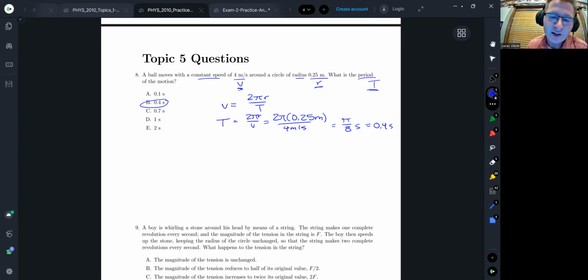And so we can find the speed as the distance traveled over the time it takes to travel that distance. The distance an object travels around a circle is its circumference, 2 pi r. The time it takes is what we call the period. And so it makes sense that the speed should be that distance 2 pi r over that time t. But again, when in doubt, see if you can think of an equation that relates those things.